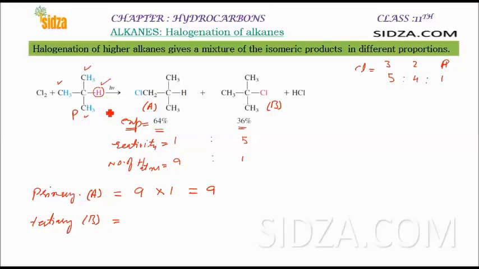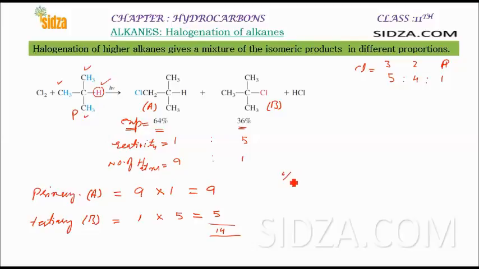Only 1 hydrogen atom. Multiplied by the reactivity order, which is 5, you get 5. What is the total value here? 9 plus 5 is 14.